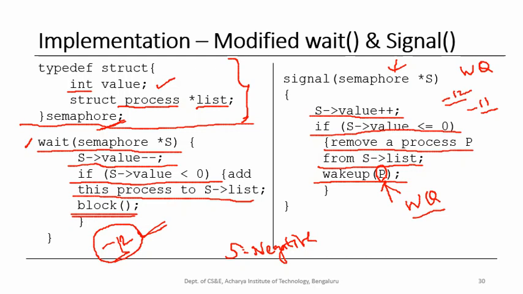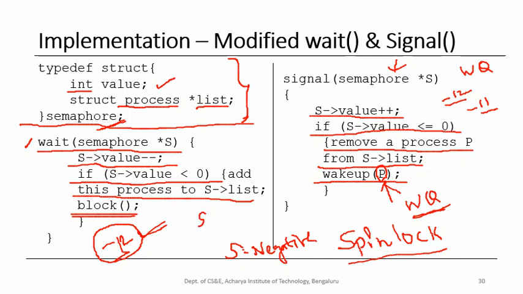So this solution will address the problem of spin lock, or the problem of busy waiting. As soon as some process waits to enter into the critical section, that process is simply pushed into the waiting queue. At any given point of time, the value of S will tell us how many processes are there in the waiting queue.